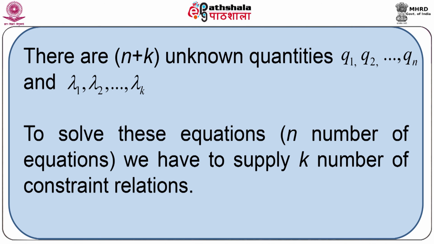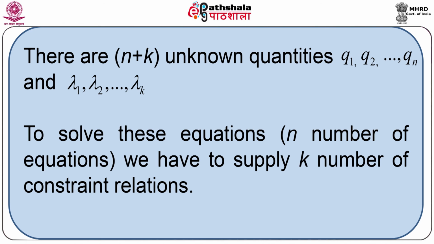There are n plus k unknown quantities: q1, q2 up to qn, these n unknown quantities, and lambda 1, lambda 2 up to lambda k, which gives k unknown quantities. So we have n plus k unknown quantities.